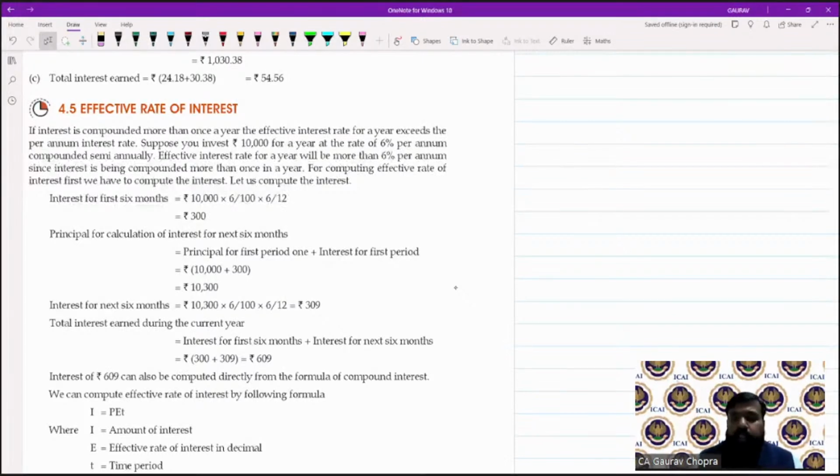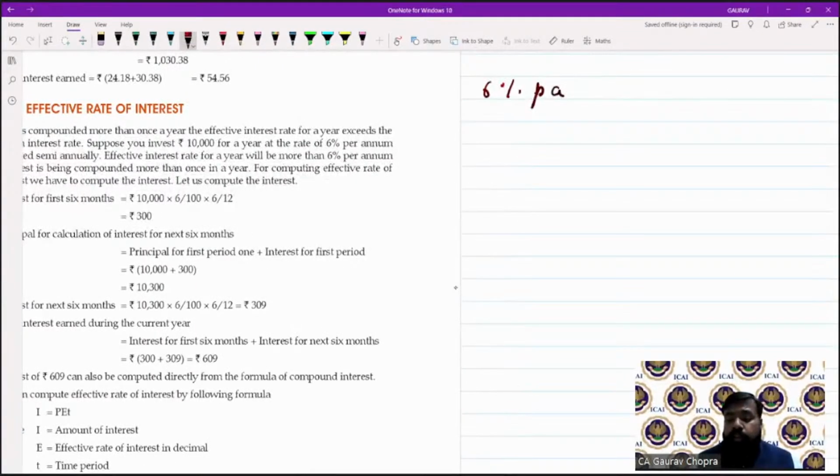For example, the normal rate is, let's say, 6% per annum. But if we invest it with compounding half yearly, then what will happen? This is the given situation: 6% per annum compounding yearly. But if we are doing 6% per annum compounding half yearly, then convert the rate.